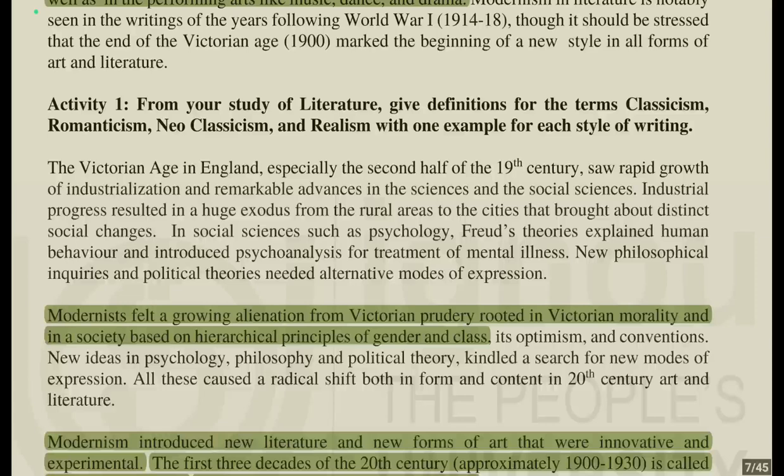New philosophical inquiries and political theories needed alternative modes of expression. So now people started, like if I give you a really major idea of this. Rural people have a different way of behaving, a different way of thinking, and city people, urban people, have a very different way of thinking, very different way of behaving, different manners, right?